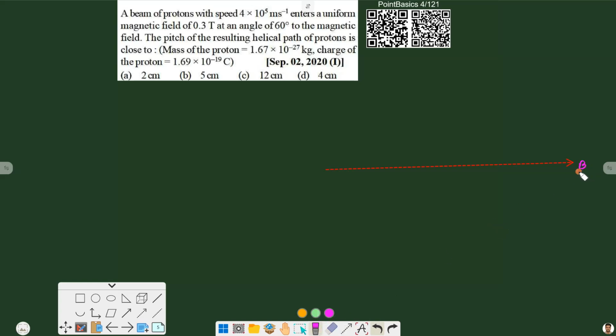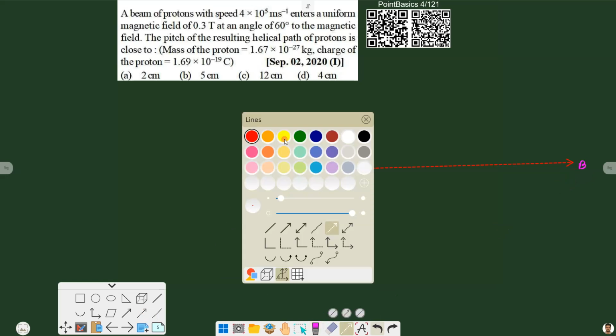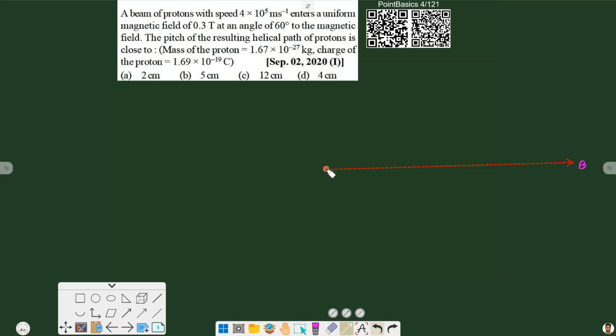And we have a particle entering this magnetic field with a certain velocity at a certain angle. So this is its initial velocity. We will have two components: one parallel to the magnetic field, that will be v cos theta, and one perpendicular to the field, that will be v sine theta.